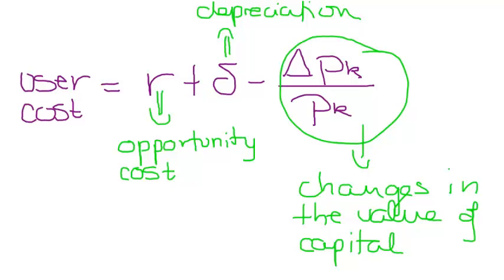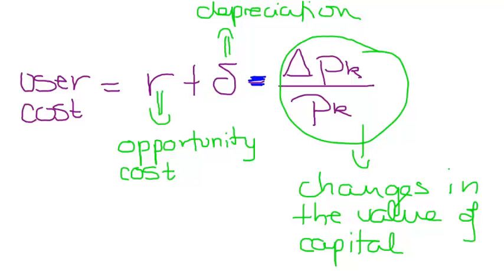So this is not a typo here. Note that this is indeed a negative sign here. So increases in the price of buying 1 unit of capital are going to decrease the user cost of capital because they increase the value of capital.